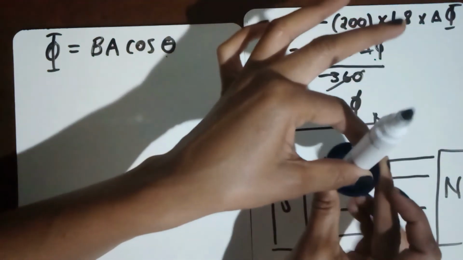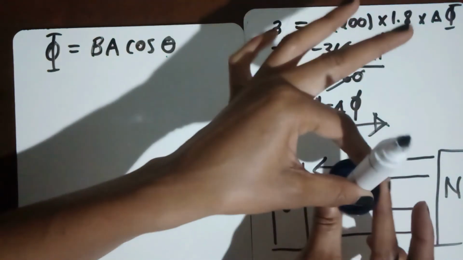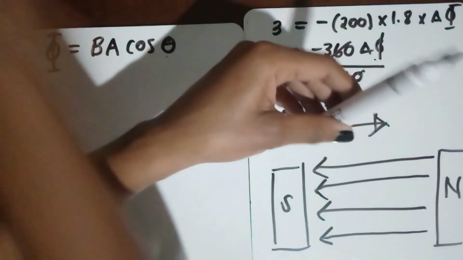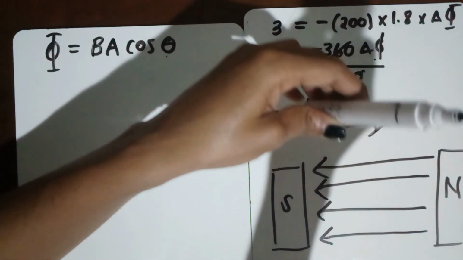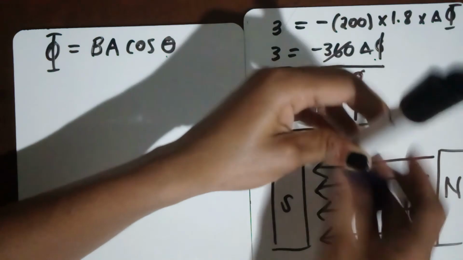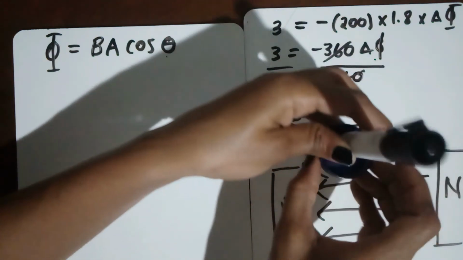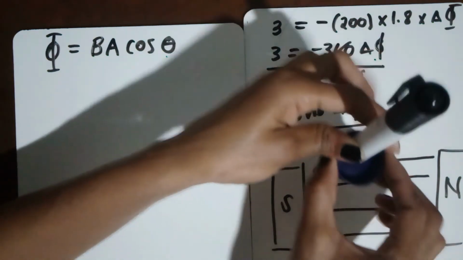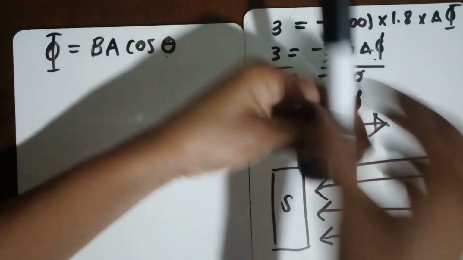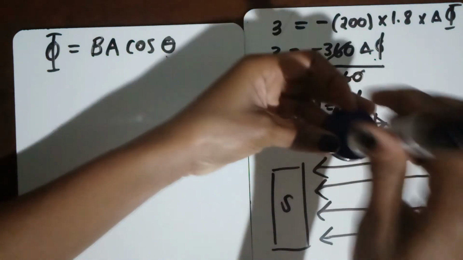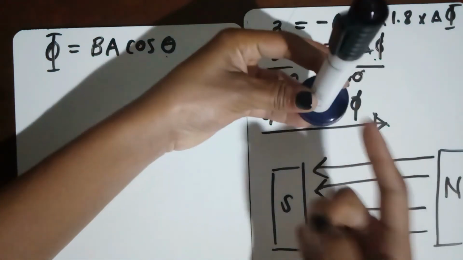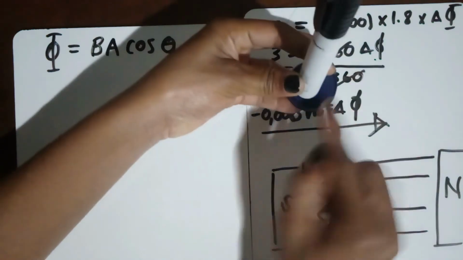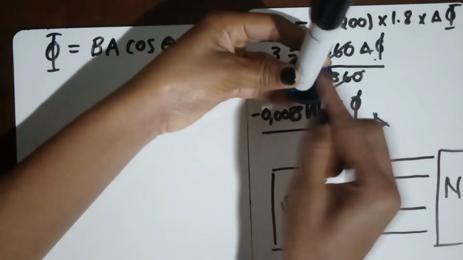So remember, the normal line is the perpendicular line. When we say something is normal, it means that it makes a 90-degree angle with whatever surface, right? So if this is my coil, the normal to the coil will be pointing in this direction, so that the angle between this and this is 90, so it's normal.